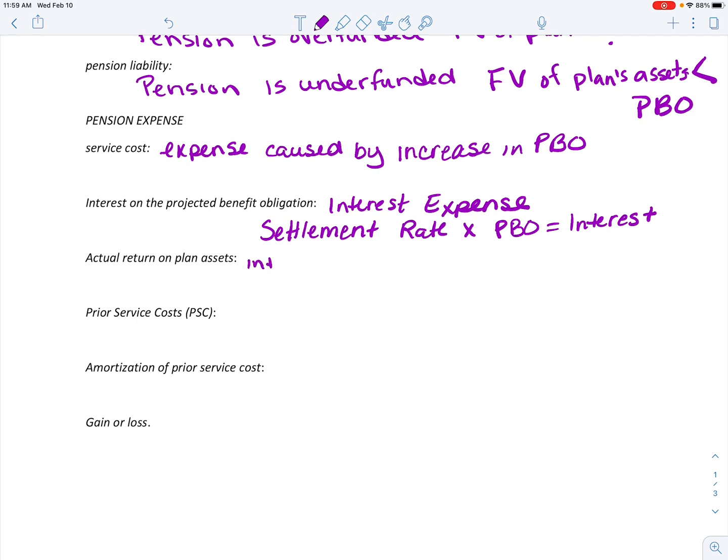So this is your interest and dividends that are earned within that fund, in that pension fund. So this is not only your interest and dividends, sometimes there's increases and decreases in the market value of these funds. That also goes into play on this return on plan assets.